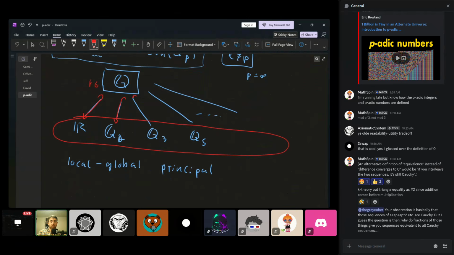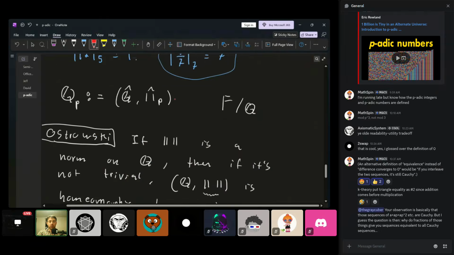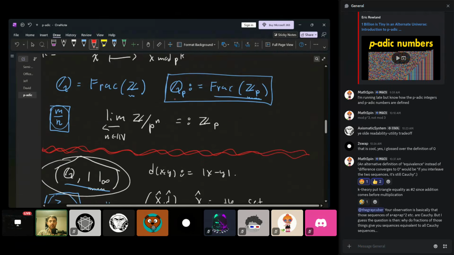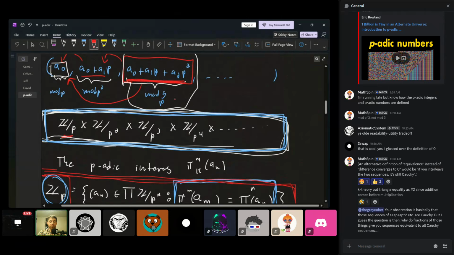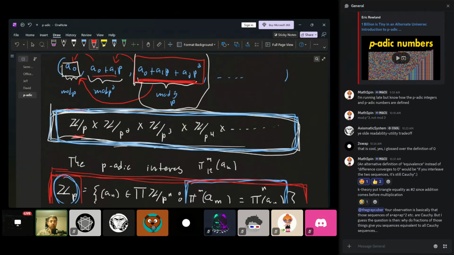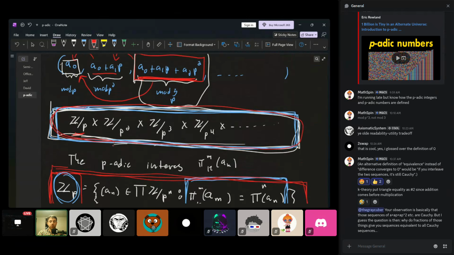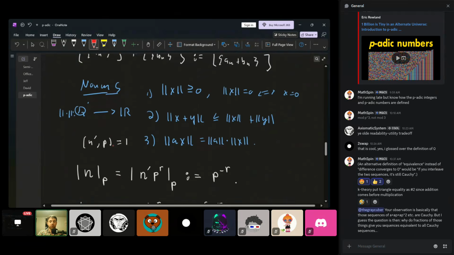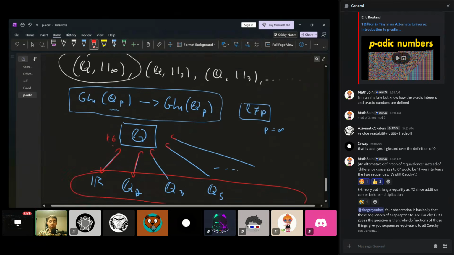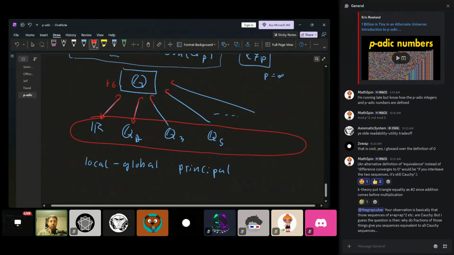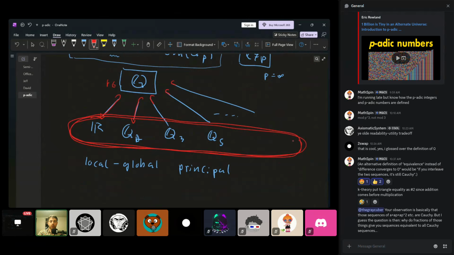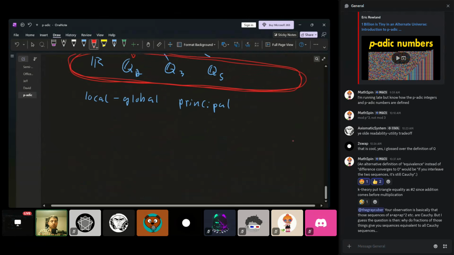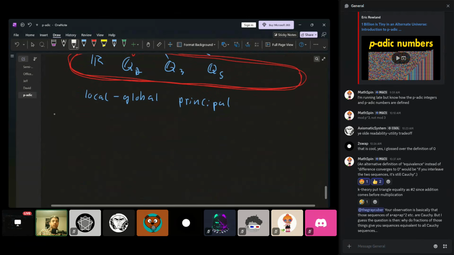So a rational number will determine a bunch of p-adic numbers, but much in the same way, going all the way back to our old exposition, when we stumbled upon compatible families of integers mod p to the n, one might wonder, in the same way, is it possible to pass information back and forth between compatible families across all of these different completions? And a big punchline of this is, what's it called? The Hasse principle.